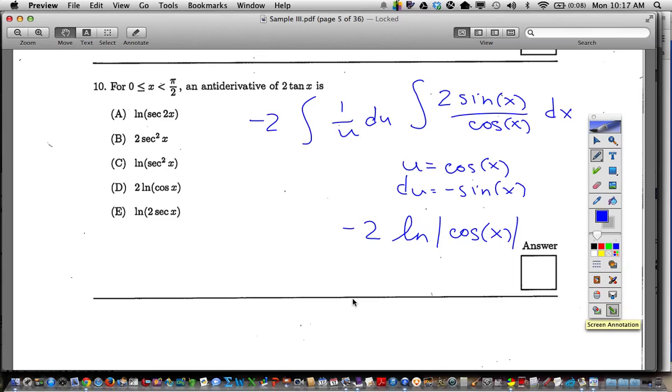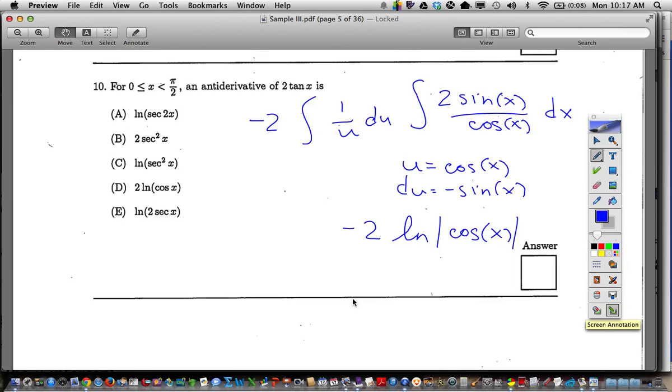But if you'd done it right, you'd have had absolute value, and it might have been confusing. You'd have wondered why there is no absolute value. And it would have really been confusing if E would have been none of the above. They don't do that to you very often, fortunately. Because if you got that answer and this was none of the above, you might have gone with that. Well, what do you do with this negative?